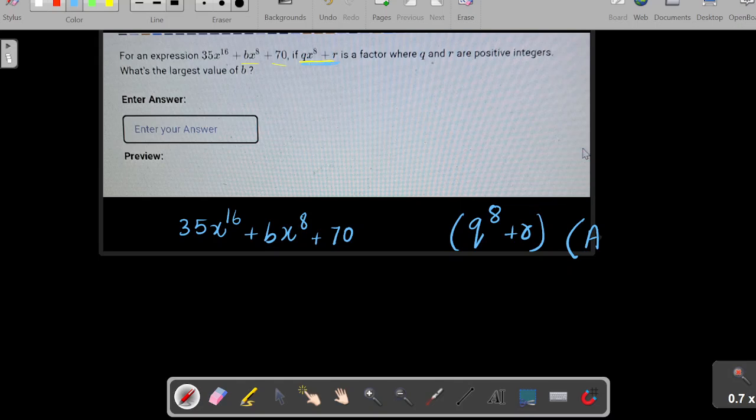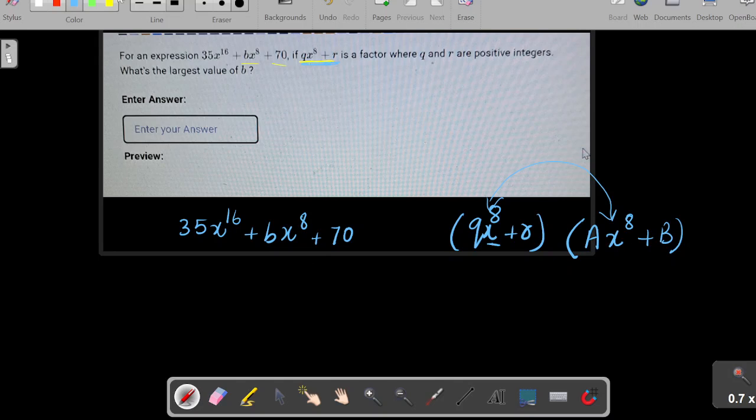Can I say another factor would be ax raised to the power 8 plus p? Then only if I expand, I'll get aq. Overall, I need x raised to the power 16. And if I multiply the first terms, here I'll get x raised to the power 16. That's what I mean to say. Okay. So this is what I'll get. I hope till here everything is clear.